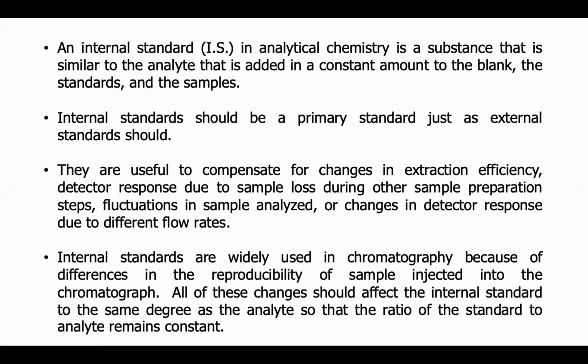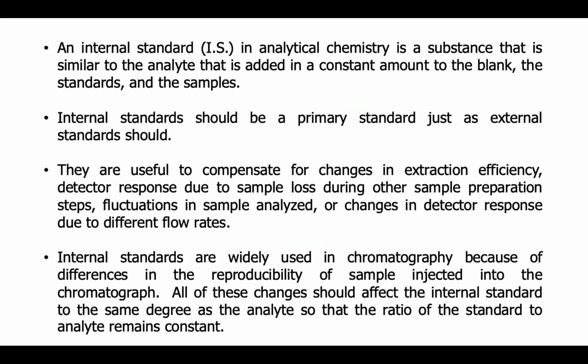So internal standards are very important when you do this kind of analysis. An internal standard should be a primary standard. So what is a primary standard? There are some characteristics. It has to be pure. It has to be stable. It does not react to the environment. So there are certain characteristics that we can use for a primary standard.